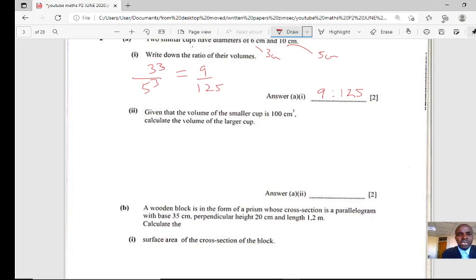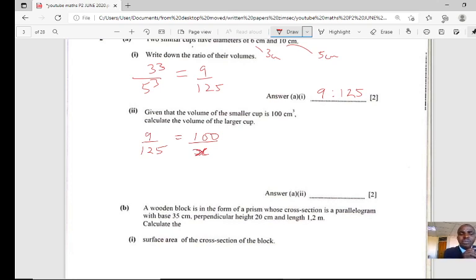Next part. Given that the volume of the smaller cup is 100 cubic centimeters, calculate the volume of the larger cup. So you just use the ratio of the volumes. So you say 9 over 125 is equal to the actual volumes, 100 over x, where I use x to represent the volume of the larger cup.